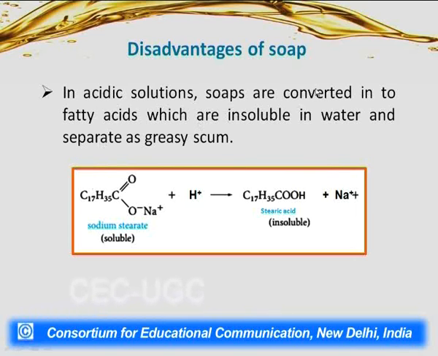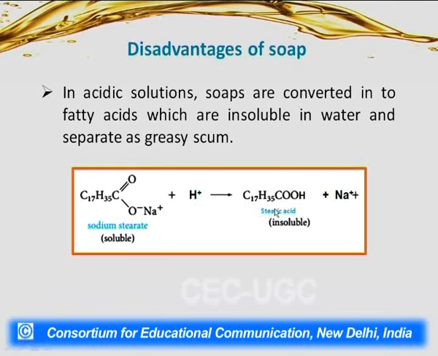In acidic solution, soaps will be converted into carboxylic acids, because soaps, as I said, are sodium salts of carboxylic acids. If some acid is present, they will be converted, like sodium stearate will be converted into stearic acid, and these acid molecules are insoluble in water.